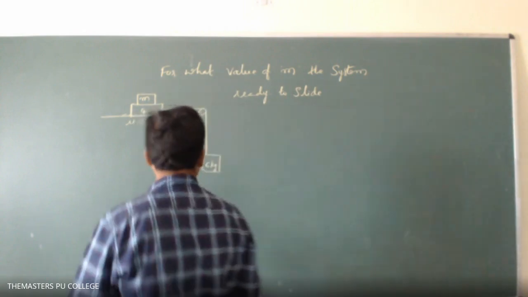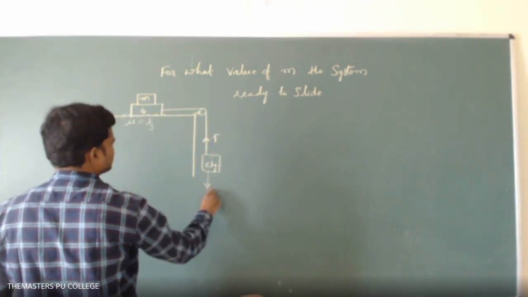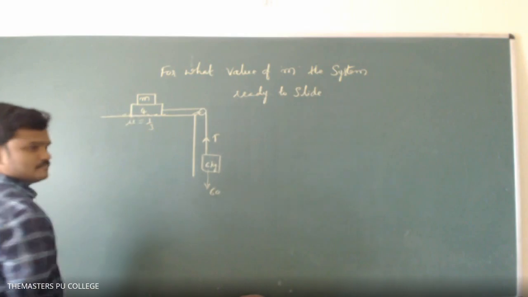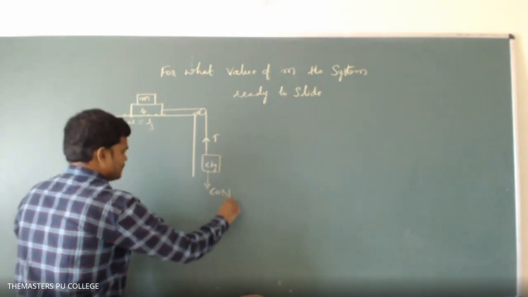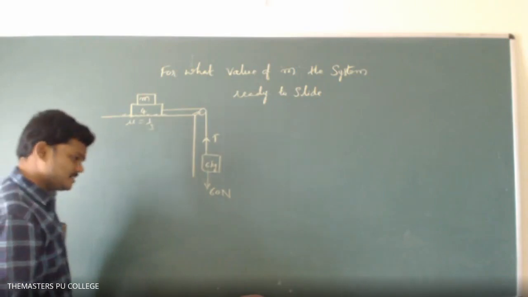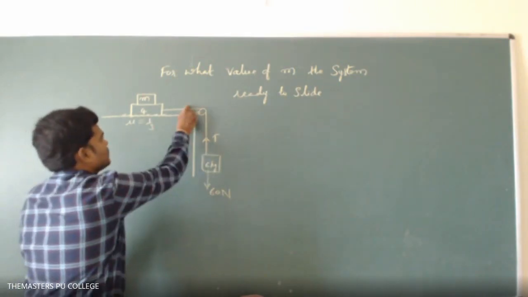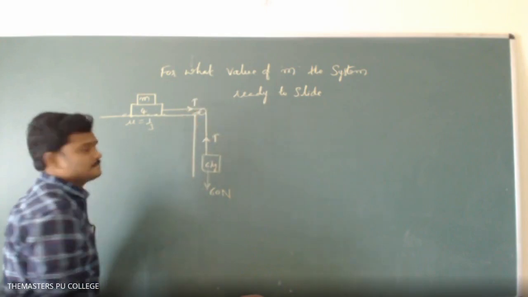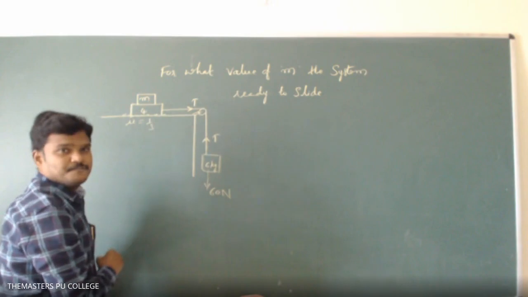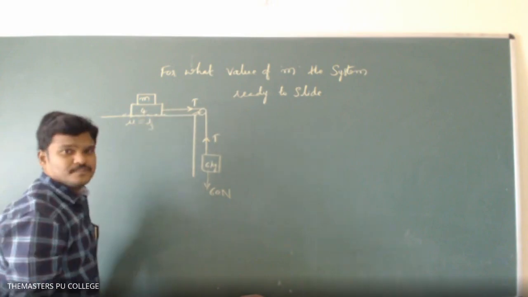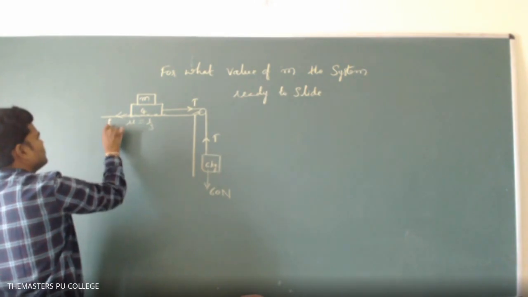Just see the free body diagram concept. This is the tension, and this is balanced by how much? 60. If this system is in motion, then we can write T minus frictional force.